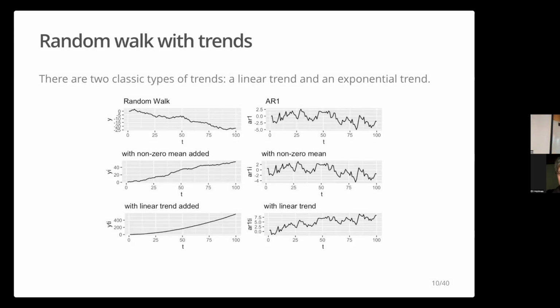So we can also have trends with these. And so this is our random walk. It looks like it has a trend, but it actually doesn't. This was just by chance that it is looking like that. Here, I have actually added a trend to it.